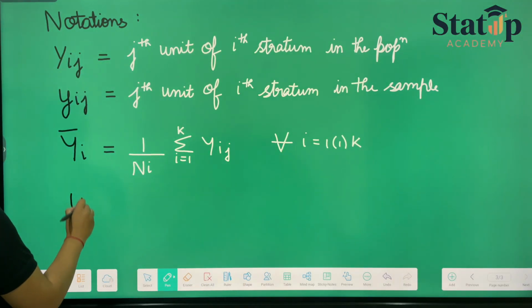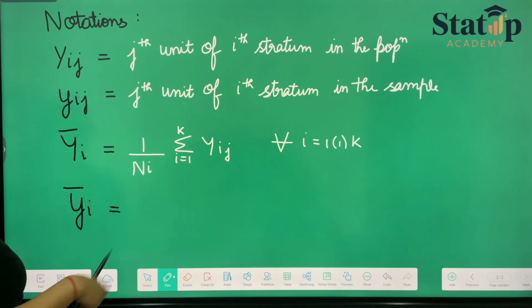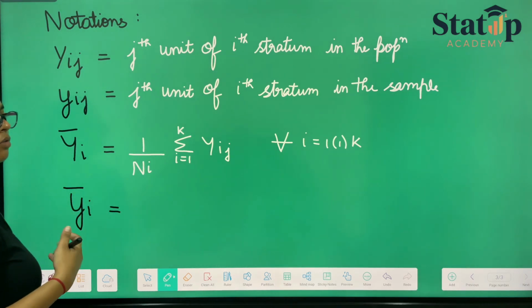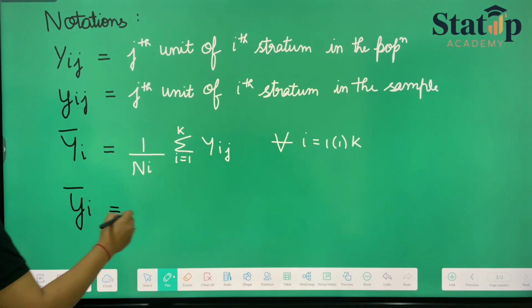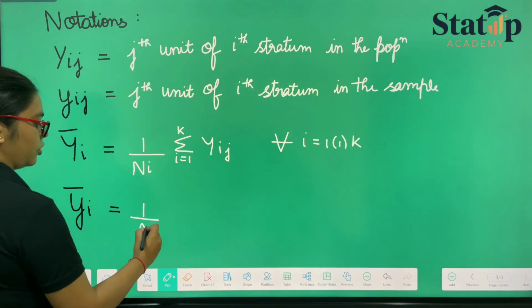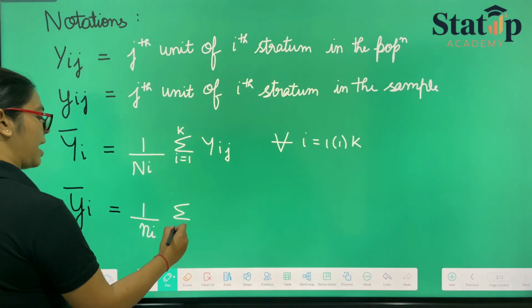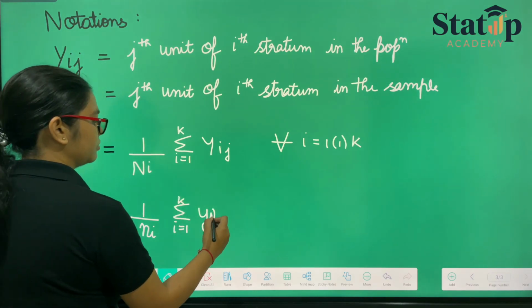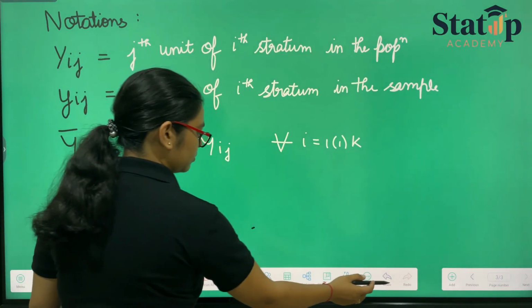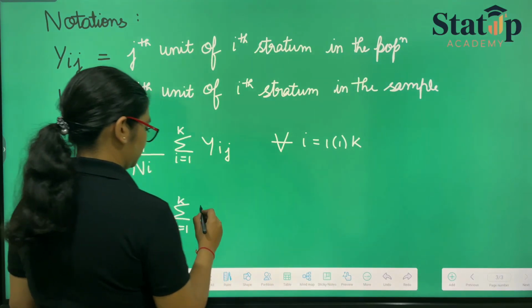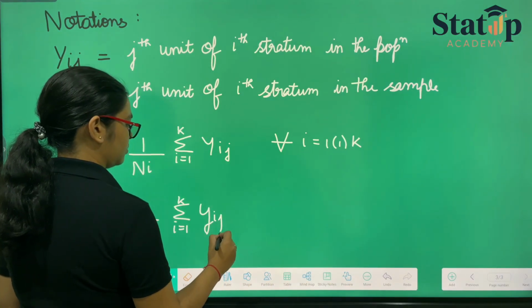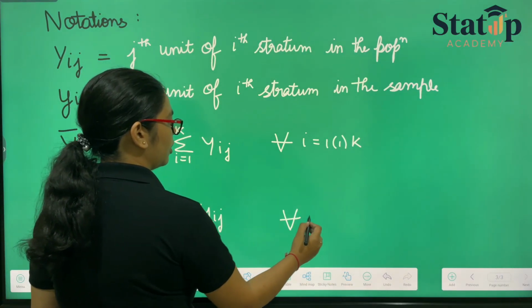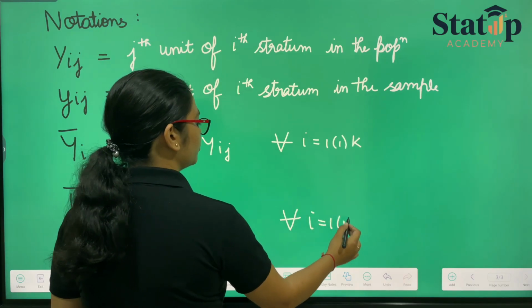Second is the mean of the ith sample, which is nothing but 1 upon small ni summation of yij, again for all i goes from 1 to k.